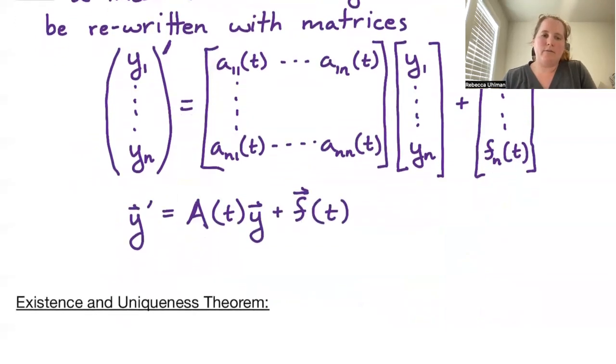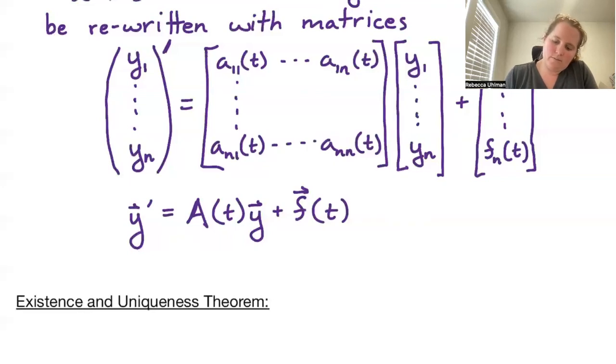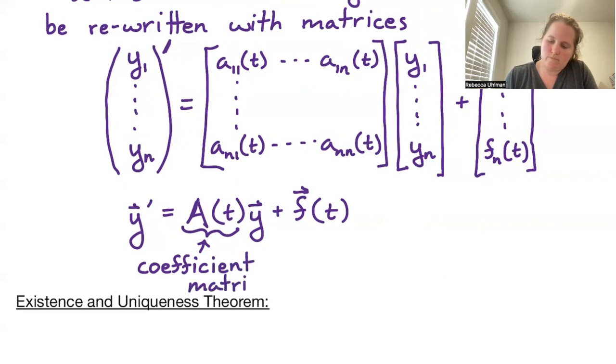We call A of t the coefficient matrix. And we call f of t the forcing vector, forcing functions.